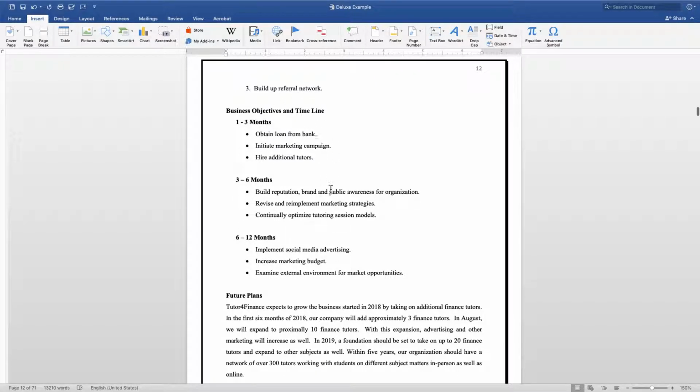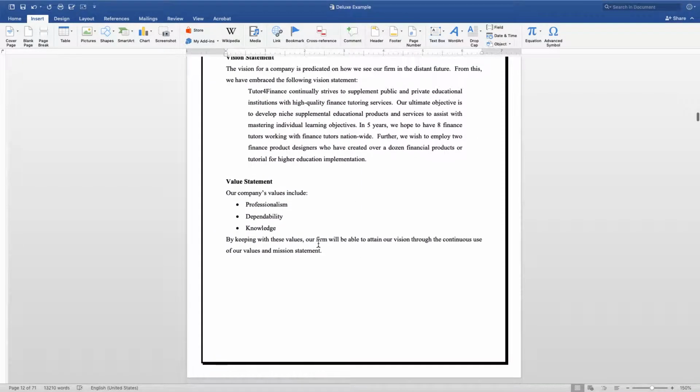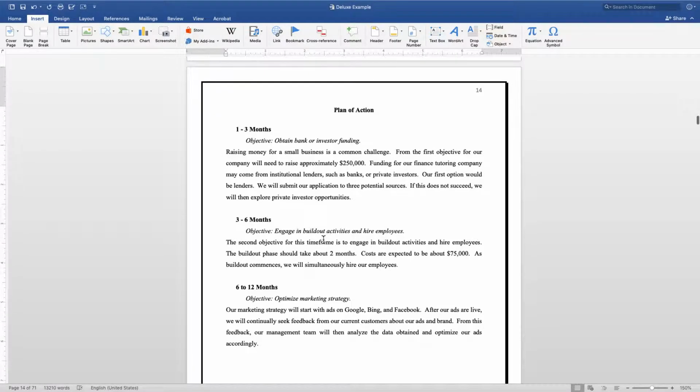Once I've introduced this to the reader, once I finish up my company summary section, I'm going to go into greater detail with a plan of action section. For the plan of action section, I'm going to take each detail that I put into my business outline, 1 to 3 months, and then put the objective right underneath it.